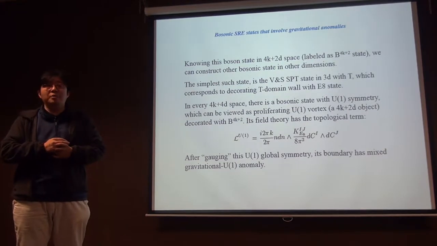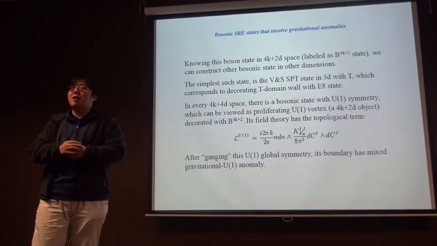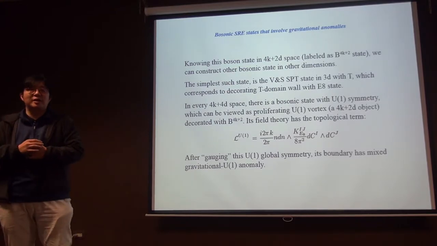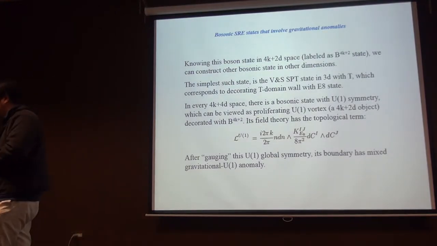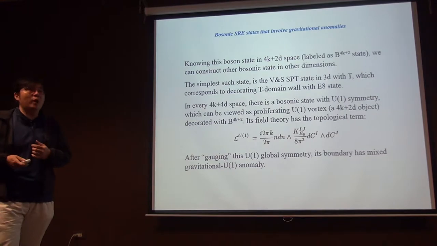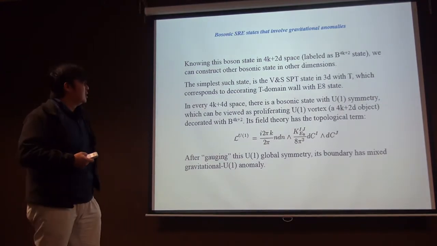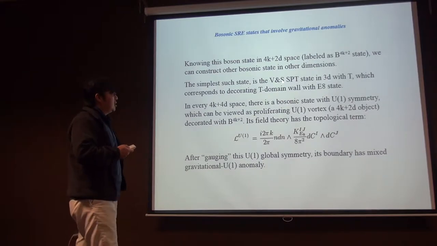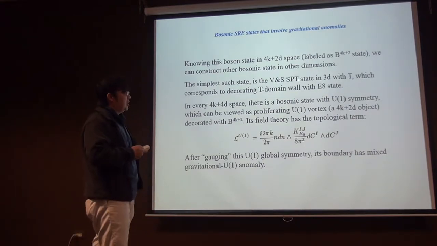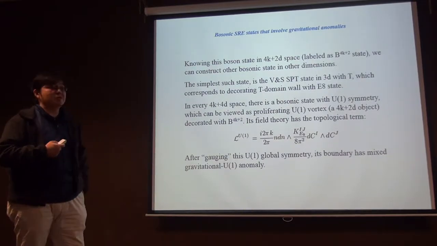They are all beyond group cohomology because they are based on these states without any symmetry. The most well-known state like that, already mentioned several times in this conference, is the Chen and Vishwanath SPT state in 3 dimensions with time reversal symmetry.